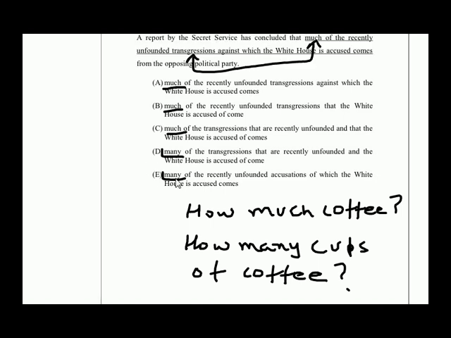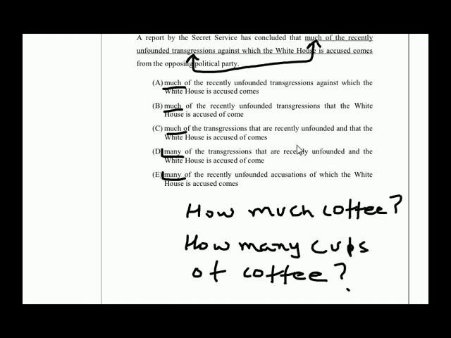So between D and E, you have to now decide which is the correct answer. Let's look at D first. Reading the sentence with D: a report by the Secret Service concluded that many of the transgressions that are recently unfounded. Now, the original question is talking about recent transgressions and not transgressions that are recently unfounded.